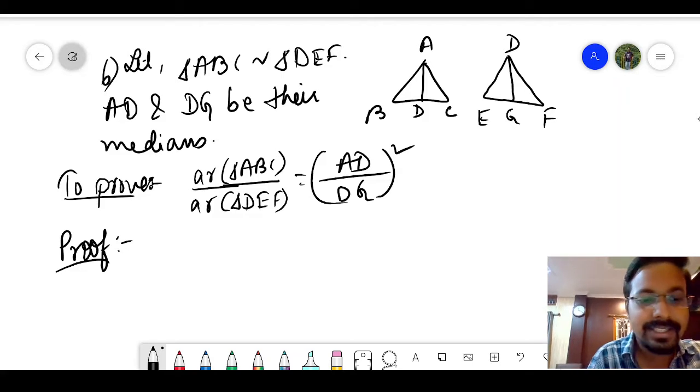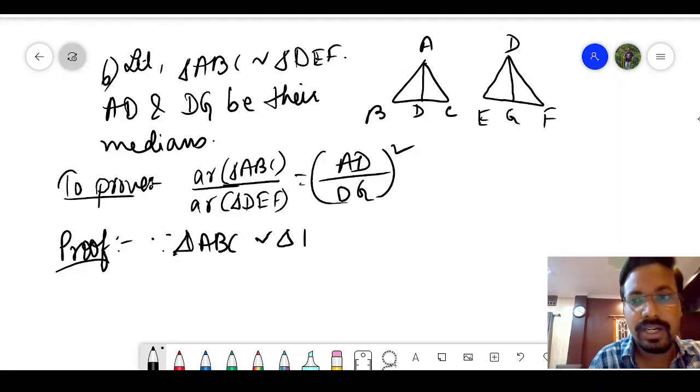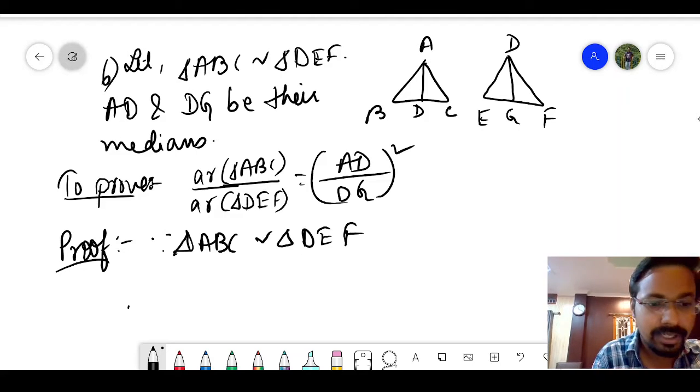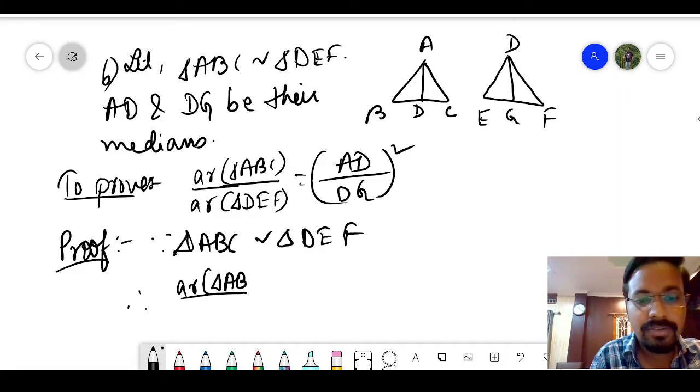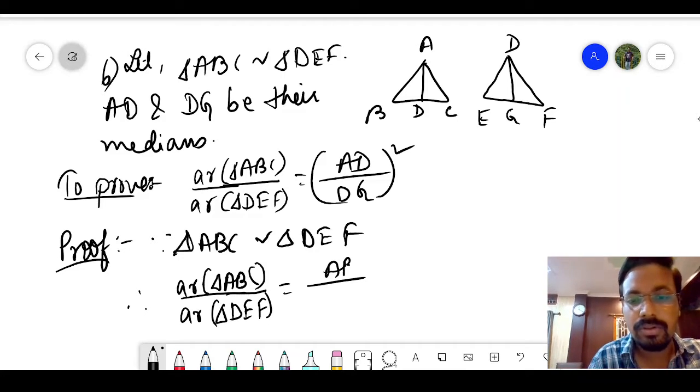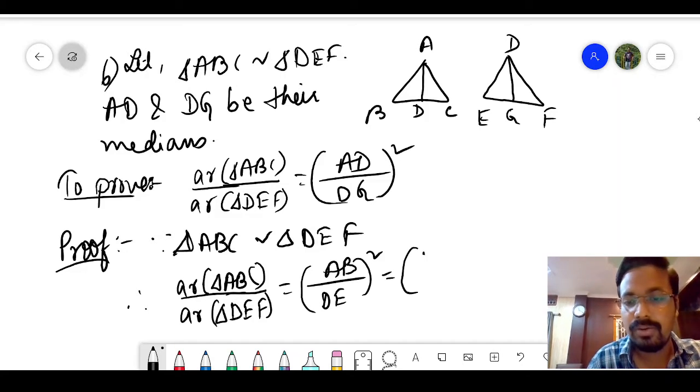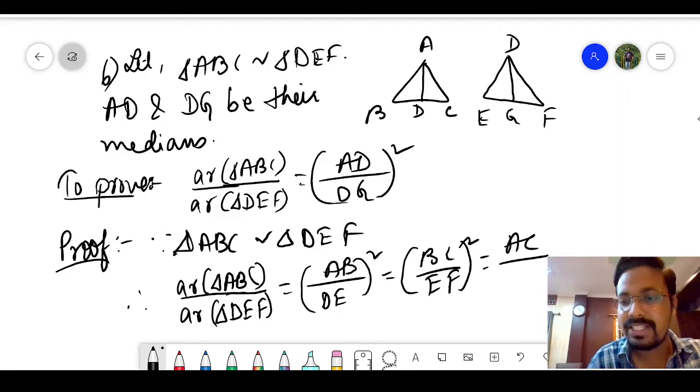So we will write that since triangle ABC is similar to triangle DEF, therefore area of triangle ABC by area of triangle DEF will be equal to AB by DE squared equal to BC by EF squared is equal to AC by DF squared.